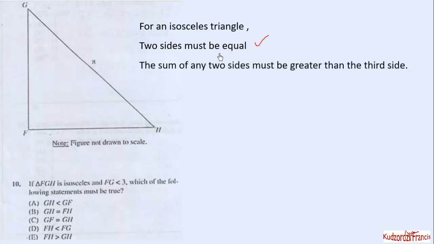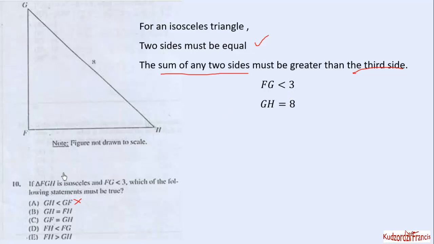Then also by the triangle inequality, we must have that the sum of any two sides should be greater than the third side. So for instance, we are given that FG is equal to 3 and GH is equal to 8. So we can see that 8 is not less than 3. So this option is out.